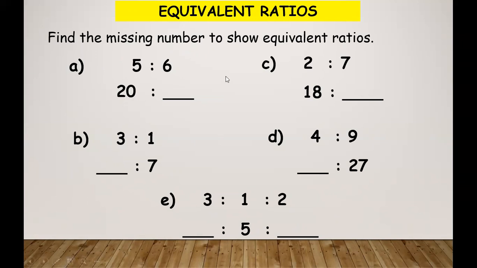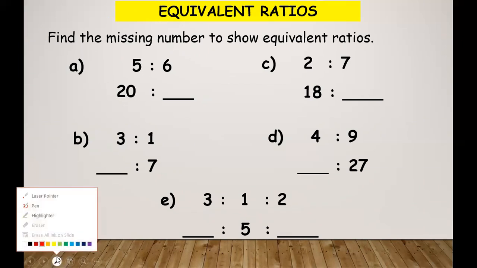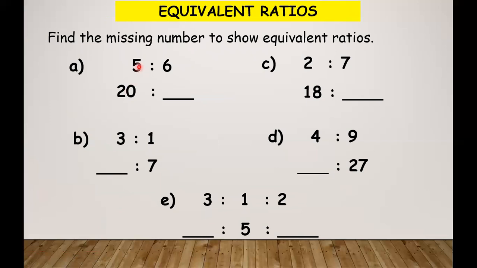All right, in finding the missing equivalent number here, you need to think of this. We have here 5:6. If the equivalent of 5 is 20, what will be the equivalent of 6? You have to think, what did I multiply 5 by to give me 20?